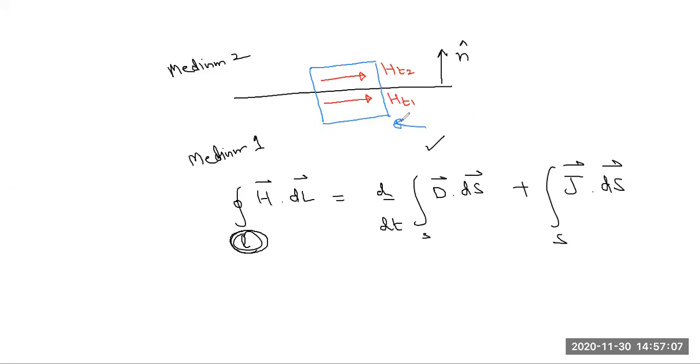This is representing closed path L. Again, it's a vector length, so we represent it by its direction as well.